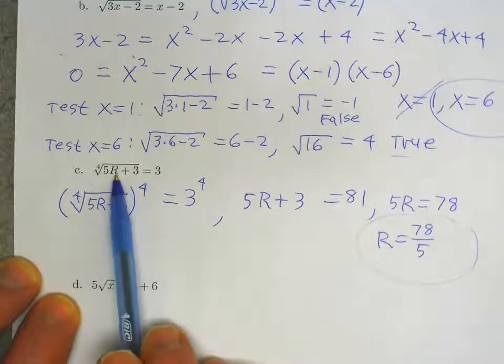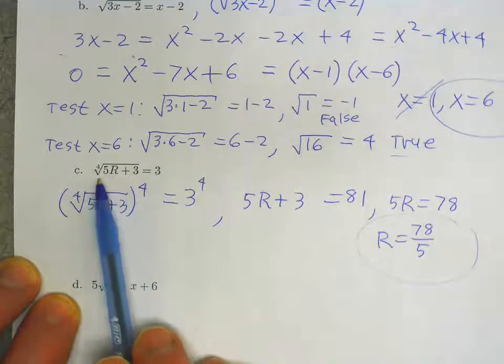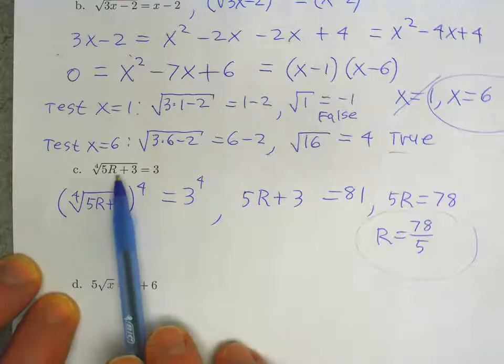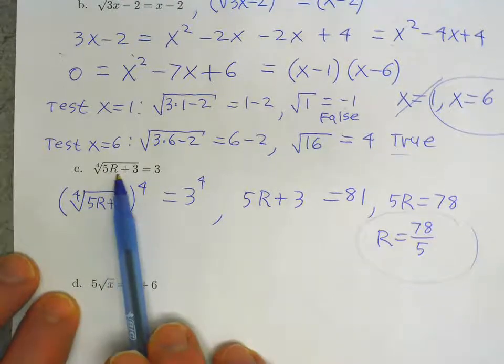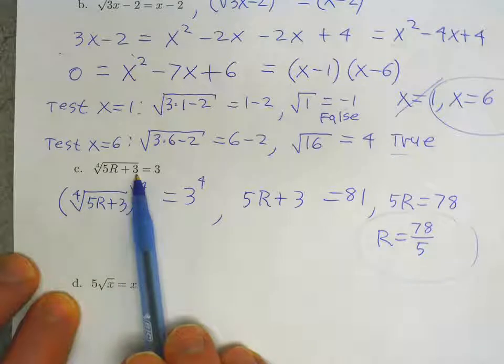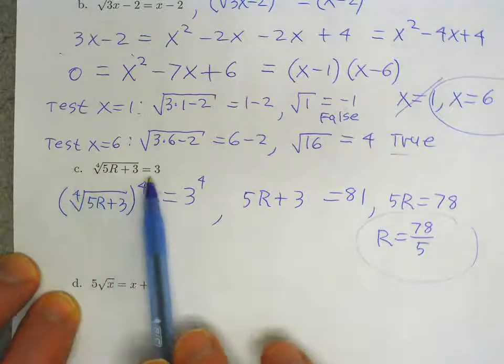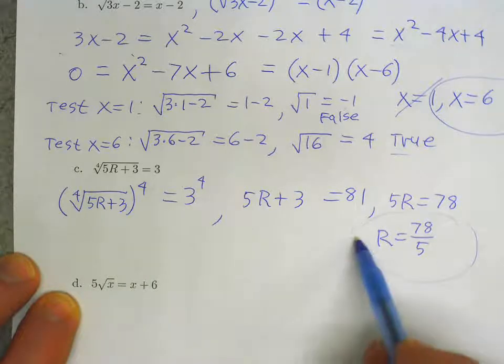If you replace R with 78 over 5, then 5 times 78 over 5, the 5's cancel. And then you're just left with 78 plus 3 inside the fourth root, which is 81. And the fourth root of 81 is 3. That's true. So that is the solution.